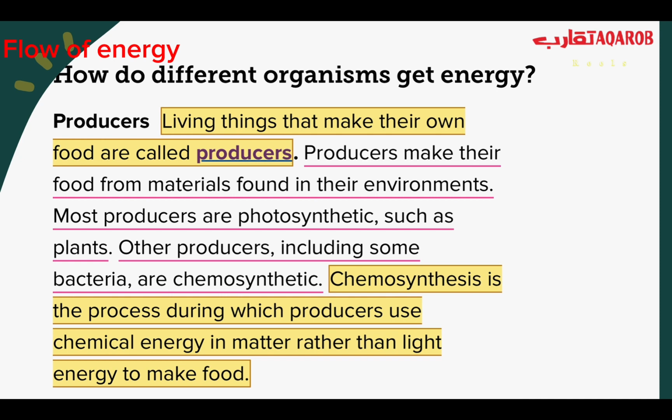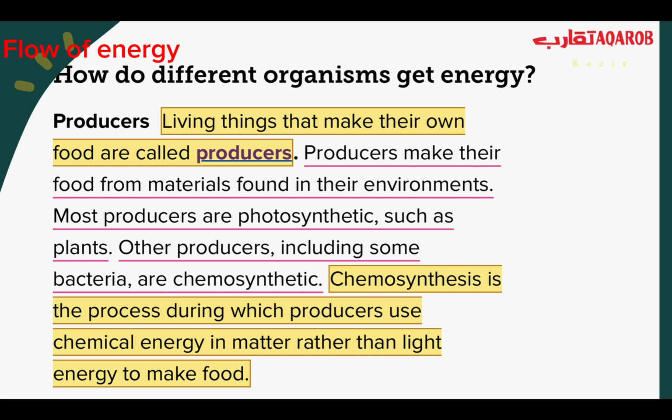So what do we mean by chemosynthesis? Chemosynthesis is a process during which producers use chemical energy in matter rather than light energy to make food. So, if producers use chemical energy, we call them chemosynthetic.